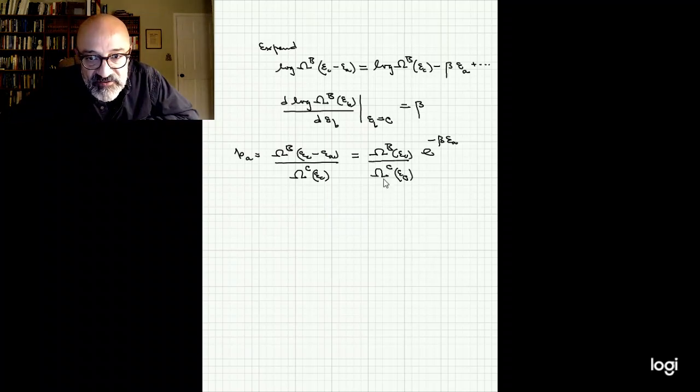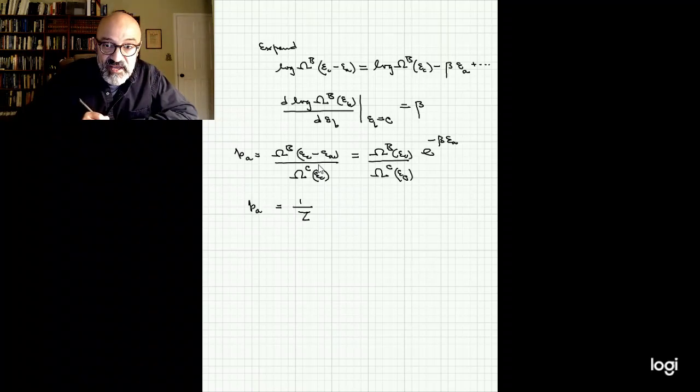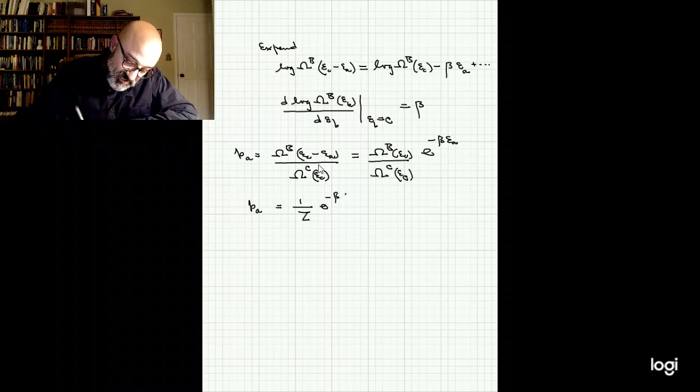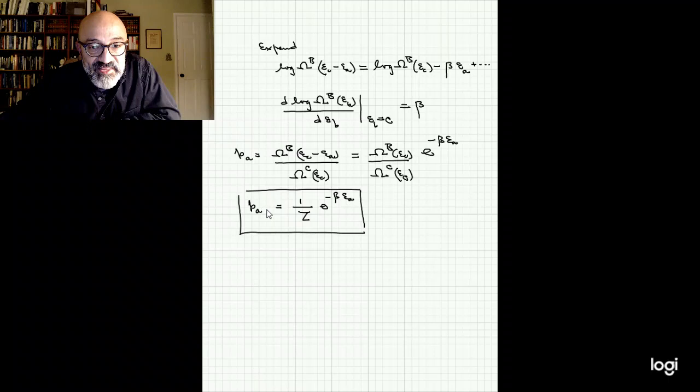Whatever these objects are, of course we have no idea what precisely they are, but it's very clear now that because this is independent of A, we can just compute that overall constant as being the normalization constant, and this is our probability distribution for the system of interest.